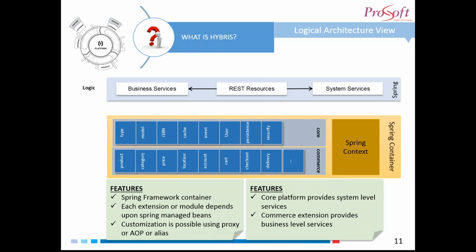We can customize it, and there are ways we can use Spring proxies and aspect-oriented programming. There are aliases defined within Spring, where an alias says this is the name of the service, and underneath the implementation is the default product service, default part service. If we change any of these, we can do this kind of customization.